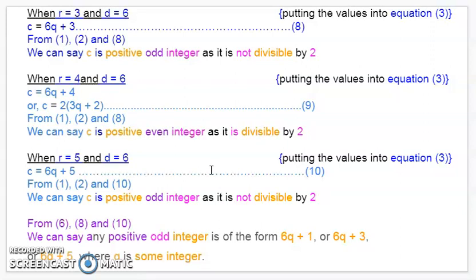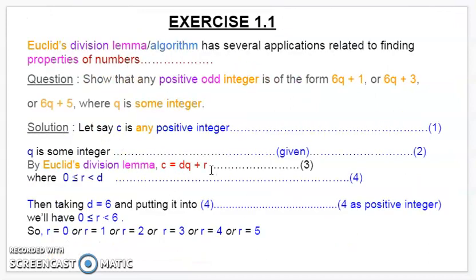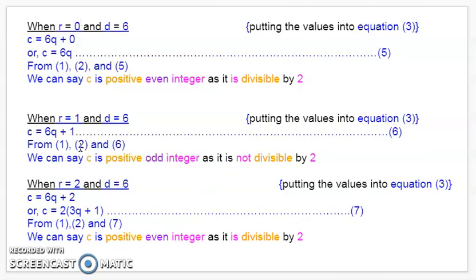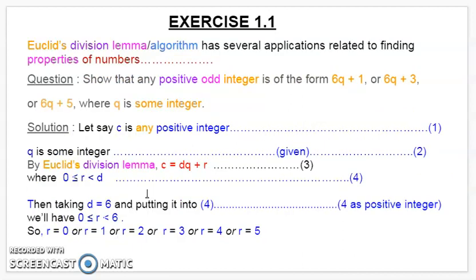So keep remembering the steps. It is not very difficult, because once you get the process, the steps of the algorithm, you know what to do. The whole solution depends on your Euclid division lemma, how you apply it and how you take the values for divisor and remainders. This is the only part we have to understand.